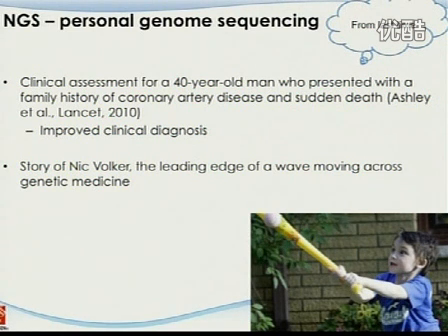Another very exciting story is of a little boy who had a disease which nobody knew the cause of. After exome sequencing, they found the variation that caused him to be sick, and they even figured out a cure for him, which was cord blood transplantation. This kid is really a lucky story: you sequence one individual, identify the gene, and you have a cure for that. But hopefully this represents the trend for future clinical practice.